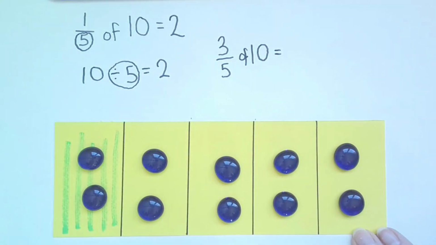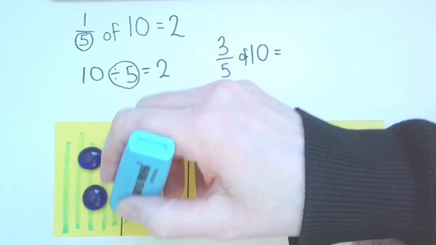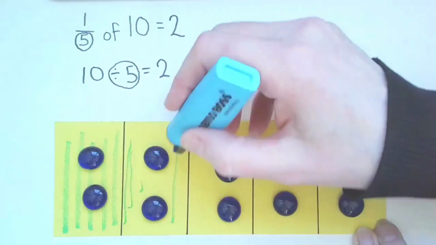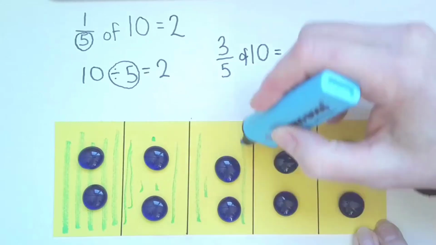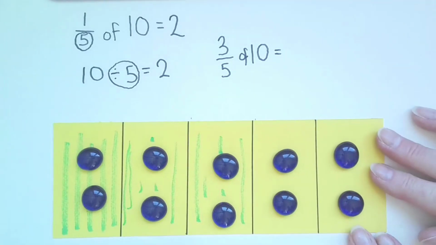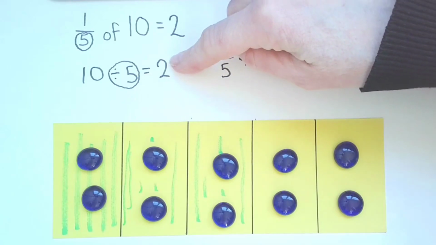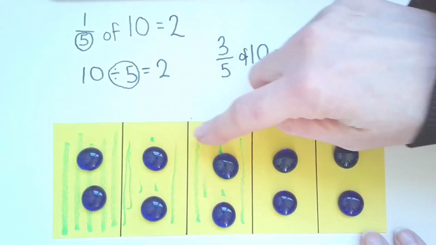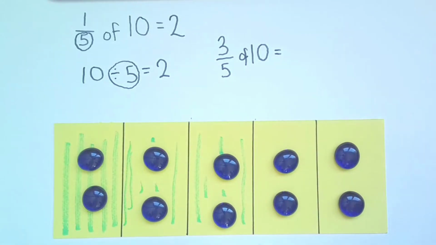So this time I'm going to just mark on where 3/5 would be, and I can see this would be 2/5, and then this would be 3/5. So now I need a second calculation. I've divided by 5 first of all to find out how many counters in each part, and I know that's 2.